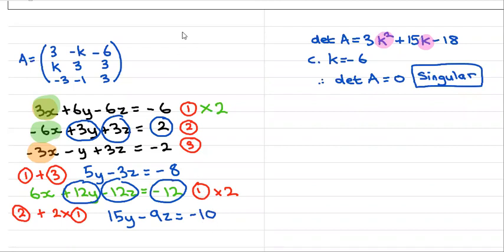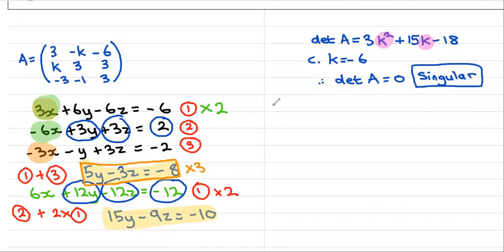So we've got 2 completely new equations. We've got 5y subtract 3z is equal to -8. Let's just highlight that. So that's our first equation. And we've got 15y subtract 9z is equal to -10. Now, if we try and solve this, I can multiply that first equation by 3.